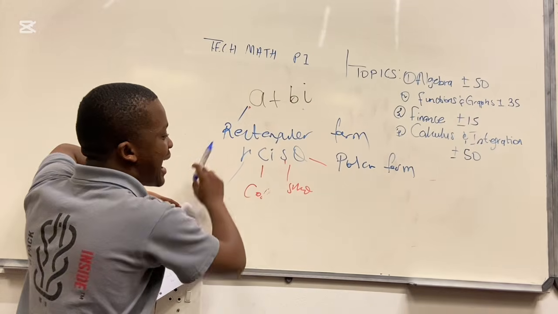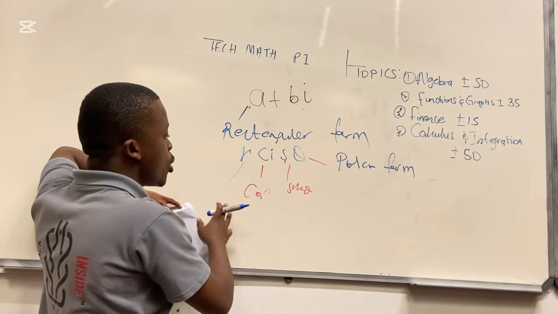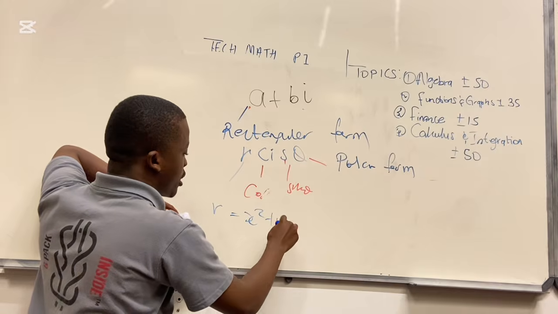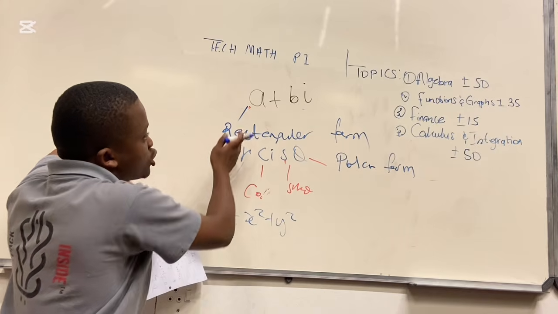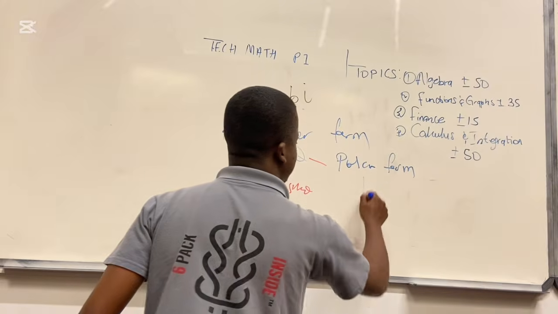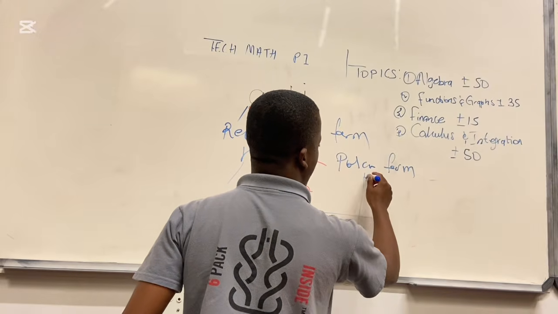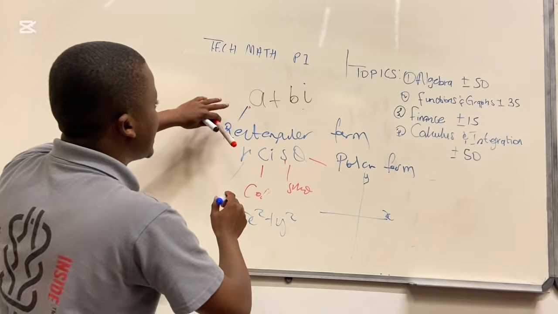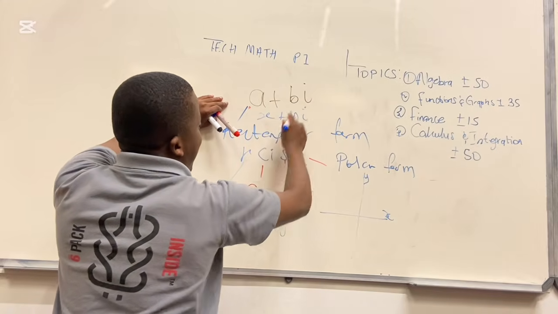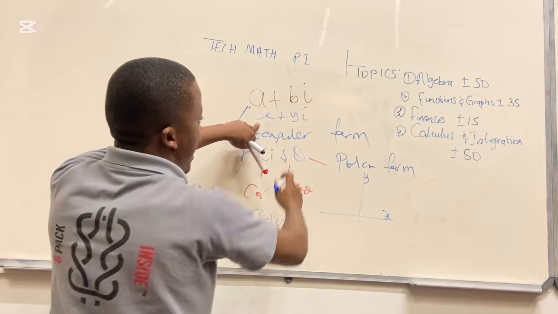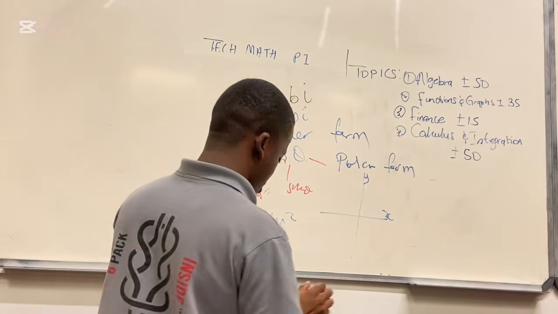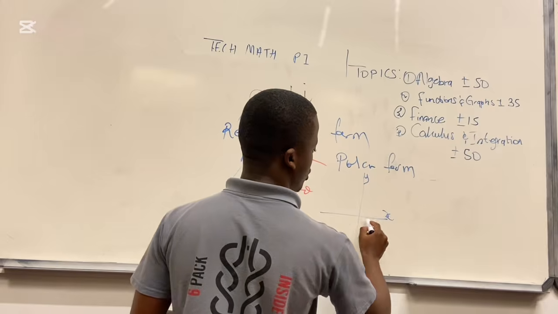If they want the r, the absolute value, what do you do to get it? Use your Pythagorean theorem. When we represent our diagram, this is x, this is y. In this case, the complex number is x plus yi, so the real part equals the x value.